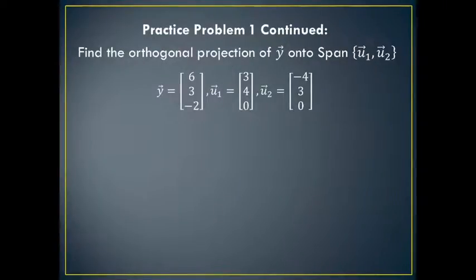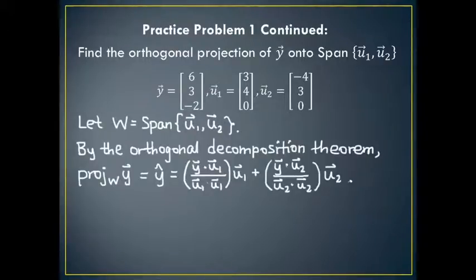Now we want to find the orthogonal projection of y onto the span of u1, u2. Okay, for ease of notation, let W equal span of u1, u2. By the orthogonal decomposition theorem, the orthogonal projection of y onto W, or y hat, is going to be y dot u1 over u1 dot u1 times the vector u1 plus y dot u2 over u2 dot u2 times the vector u2.